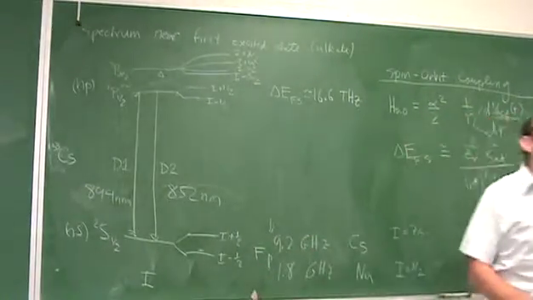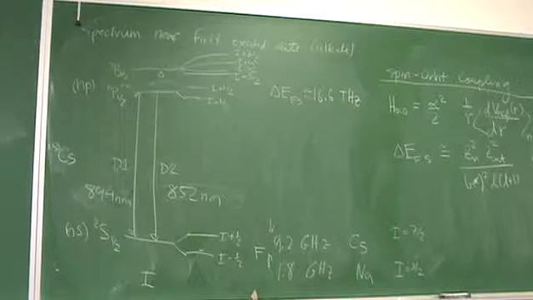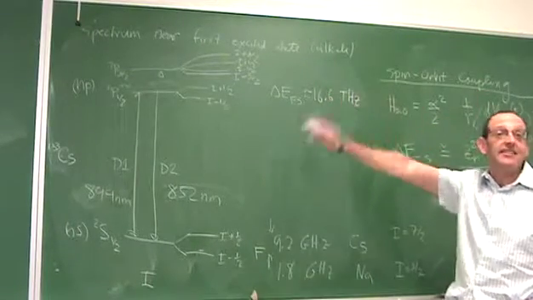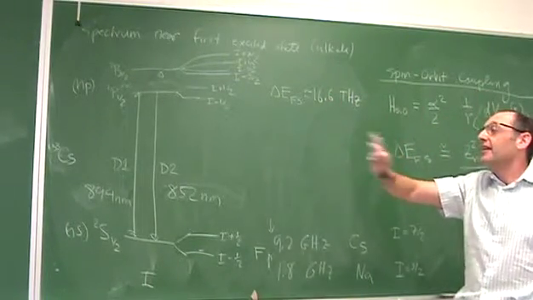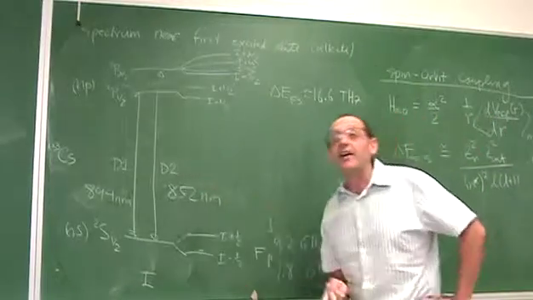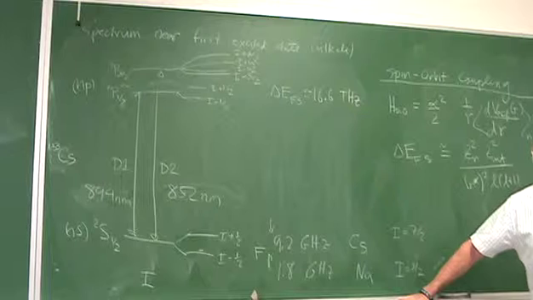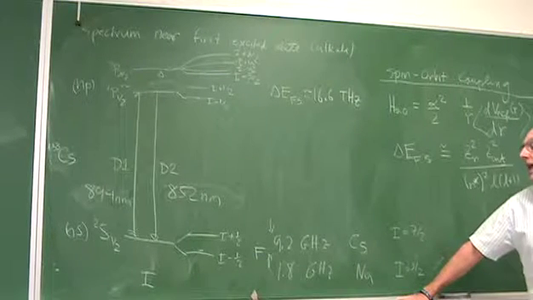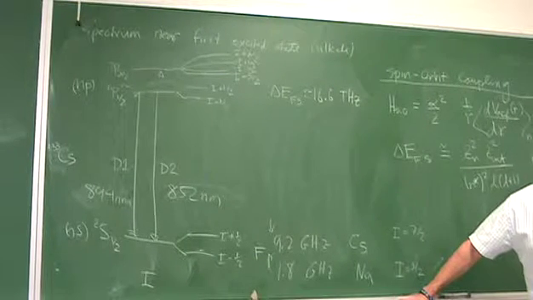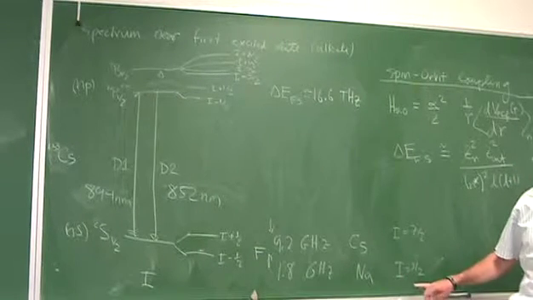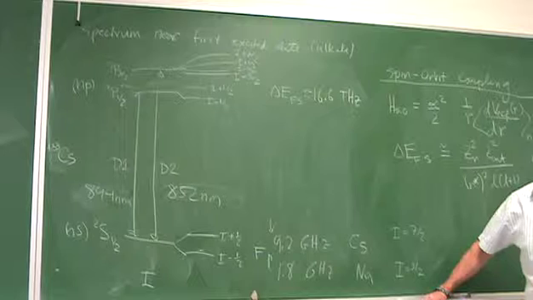Probably one of the most popular atoms these days used in lots of these experiments is rubidium, because it's the easiest atom to make a Bose-Einstein condensate out of. There are 2 different stable isotopes, rubidium 85 and rubidium 87, with spin 5 halves and spin 3 halves. Why is rubidium so easy?